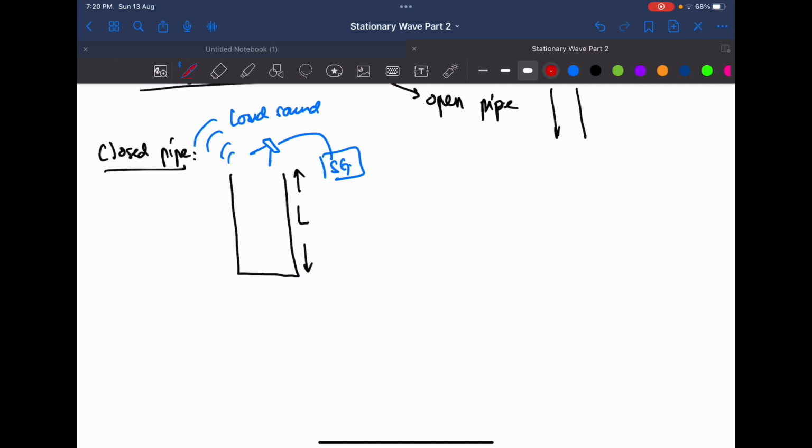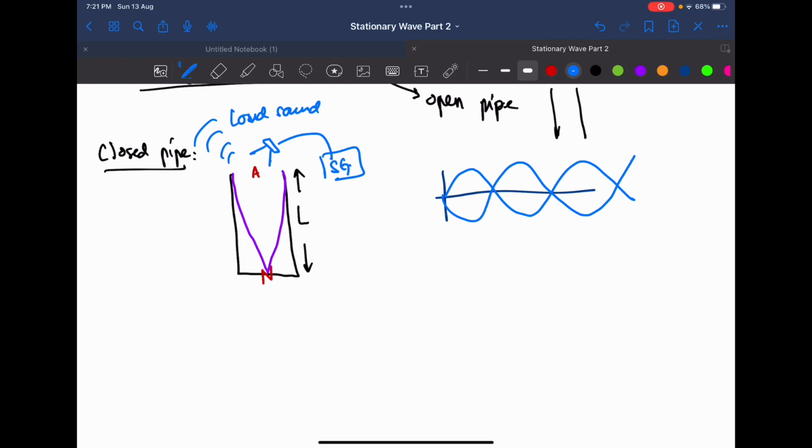So what is happening here, you will have a formation of node, in this case an antinode. So how it's going to look like, it's going to look like something like this. Now if we further analyze the stationary wave, so we know the stationary wave is going to look like this.